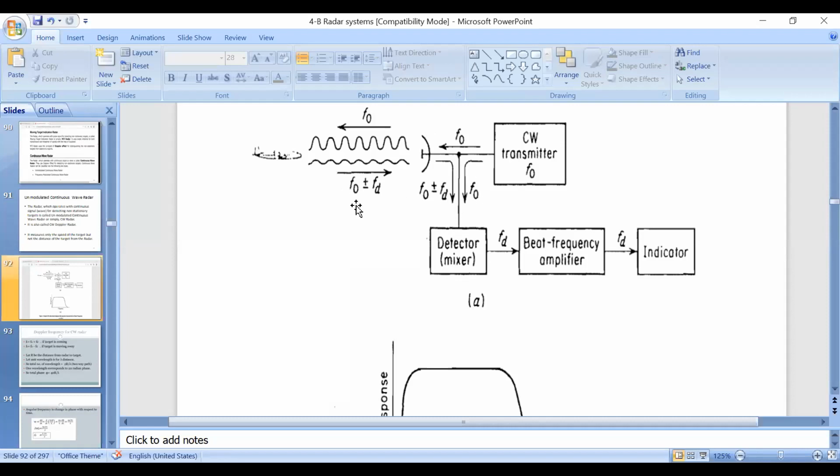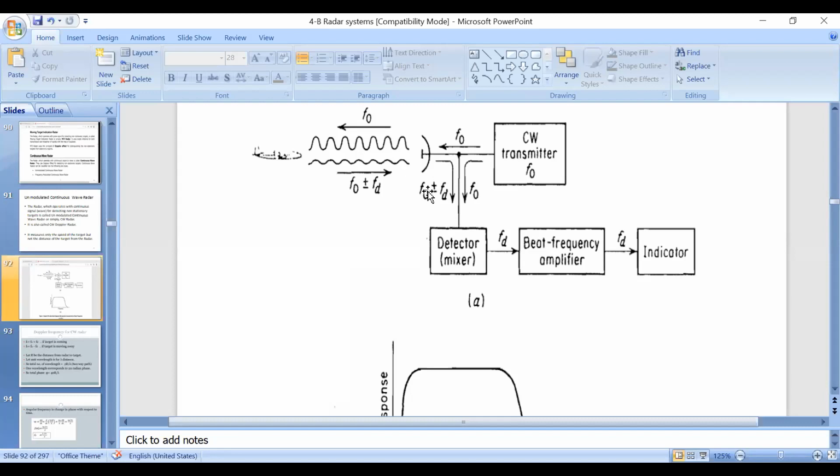If you assume the target is moving towards the radar system, then we consider f naught plus fd, because the frequency increases whenever the moving target approaches the source point. The frequency of operation is increasing, that is f naught plus fd. When it is moving away from the radar system, it is f naught minus fd. We already discussed this in the last class, right?